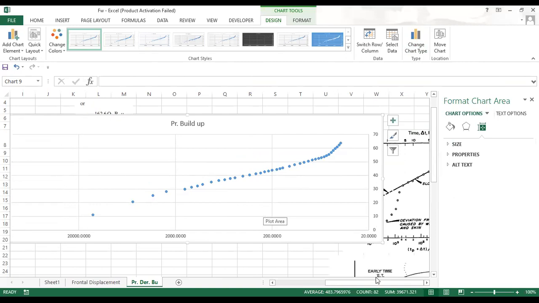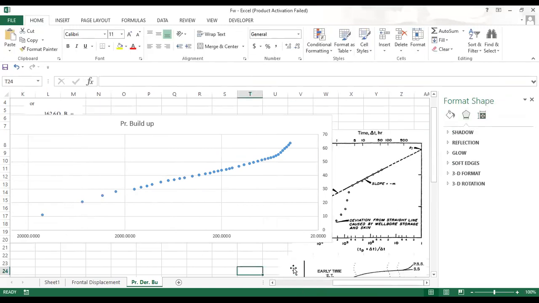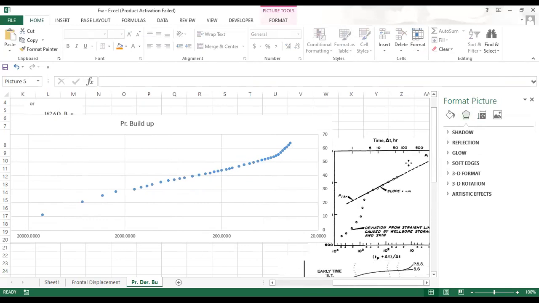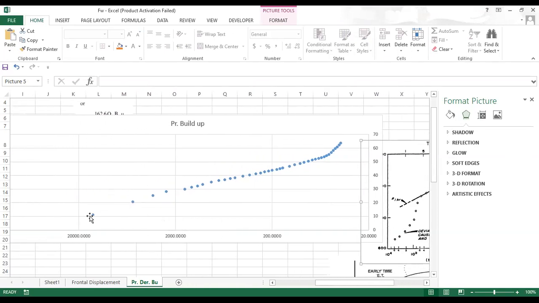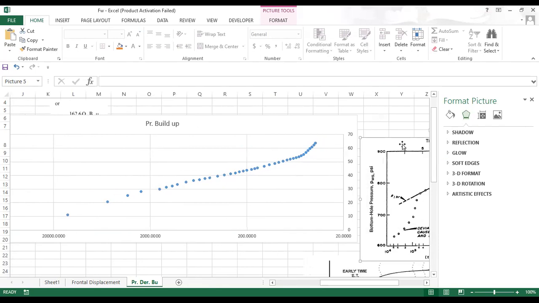As we can see, as per Horner's plot theory, the initial points are those corresponding to skin and wellbore effect. So we need to ignore these points which are not following the trend of this straight line. This is the one we have to target. But in our graph, some initial points have deviated from the original trend, and while seeing it like this, we cannot identify them.